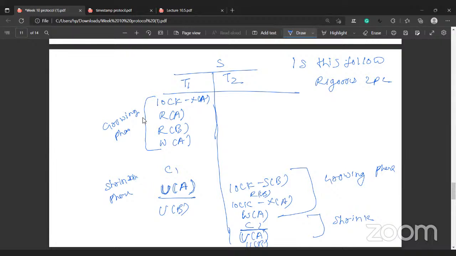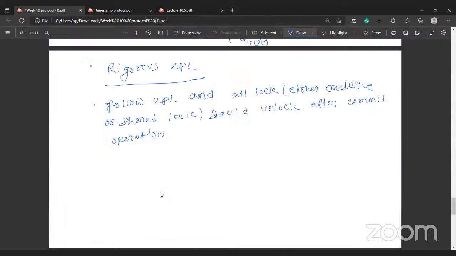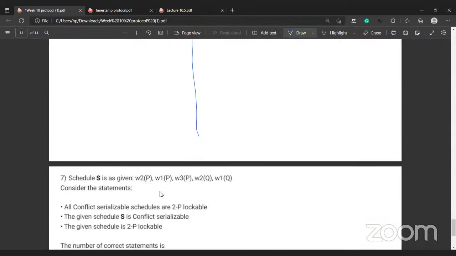Yes, it follows rigorous 2PL because you can see that whether it is an exclusive lock or a share lock, it is unlocked after the commit operation. So we can say that this is rigorous 2PL.